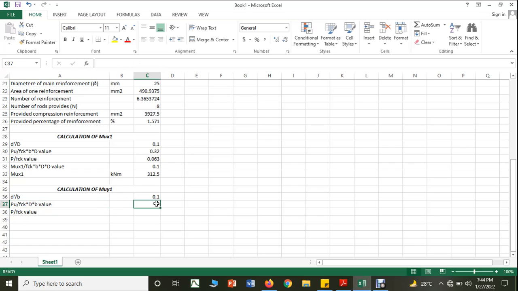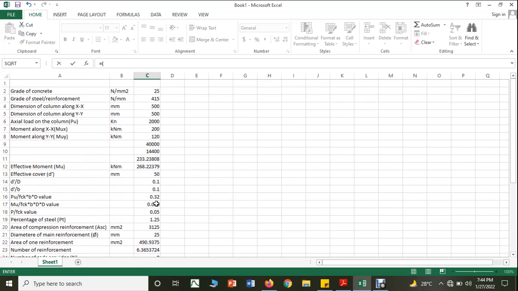So therefore I can use the same thing, which will be Pu. What is my value of Pu? Value of Pu into 1000, divided by fck into d into b.